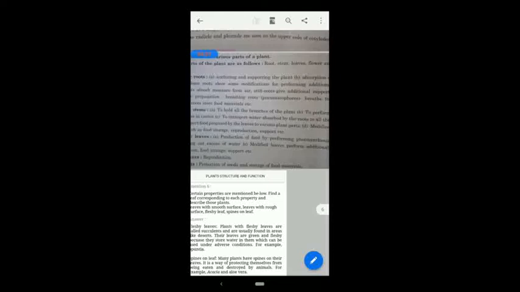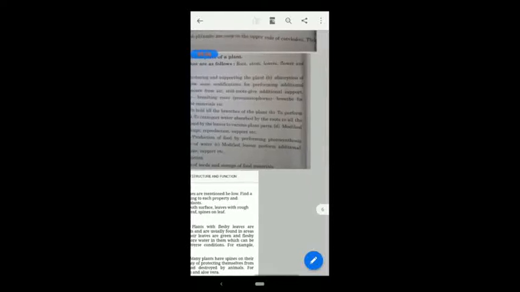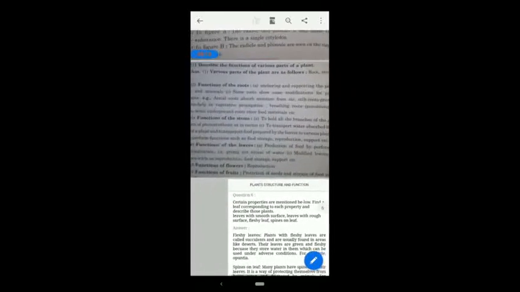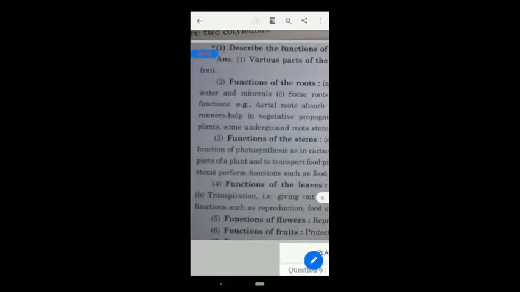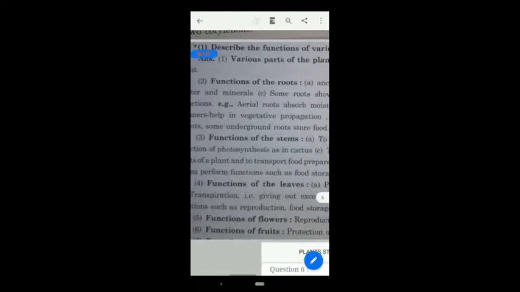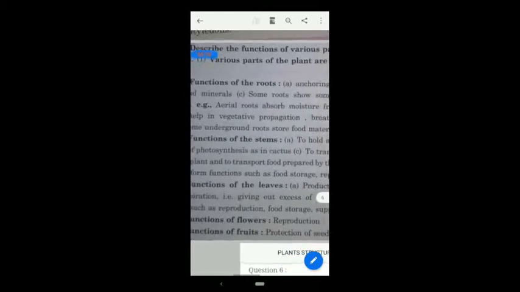So the basic function of the root is anchoring and supporting the plant. The next function of the root is absorption of water and minerals from the soil, and providing it to the other parts through the stem, which we will learn in the part on stem.